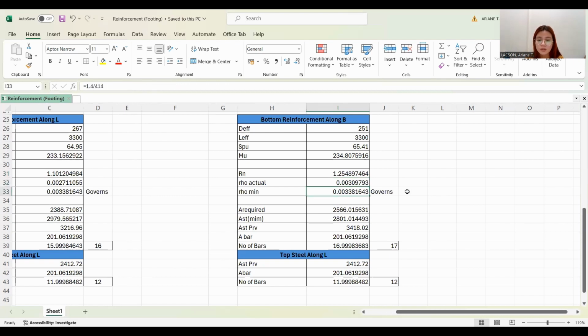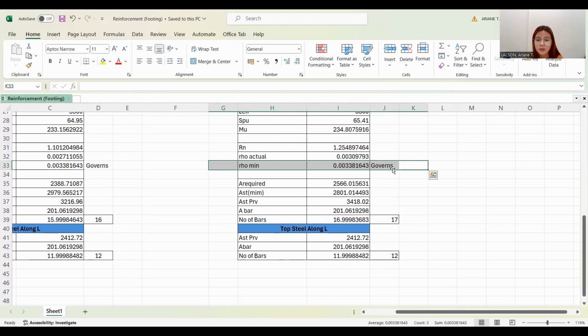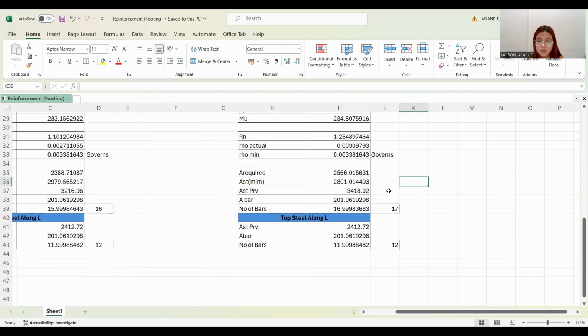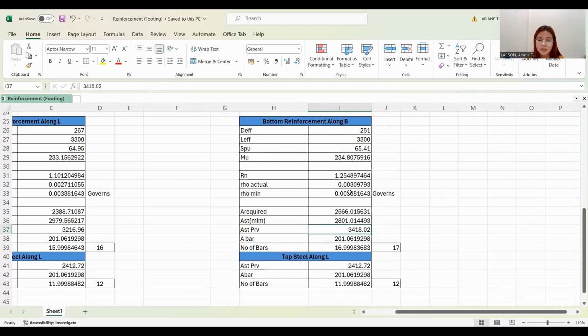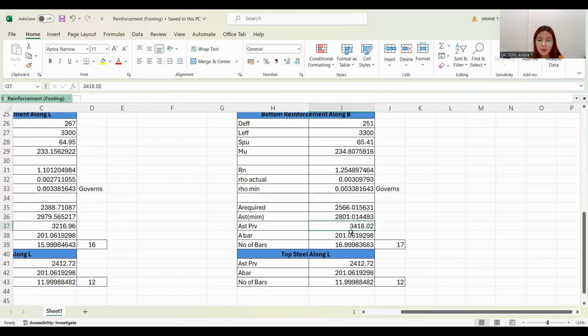So since the rho min also yields a higher value here, it also governs. It is used in calculating the As, which is rho b d. Then we have here the Ast provided. We get this from the RCDC. Then we have the area of bars.